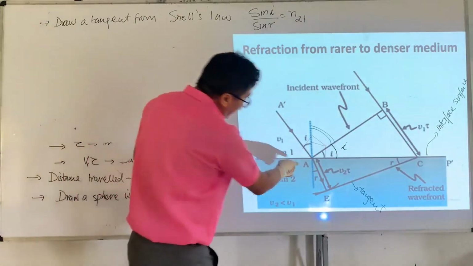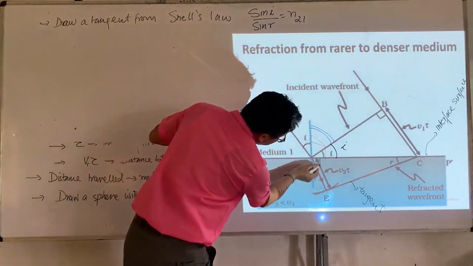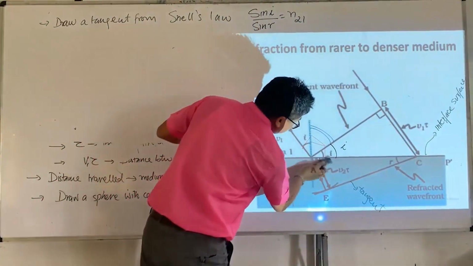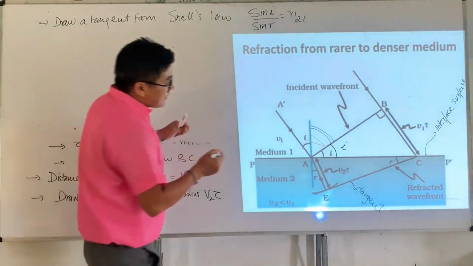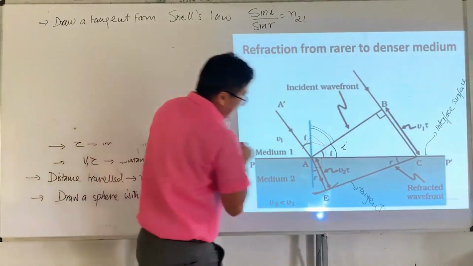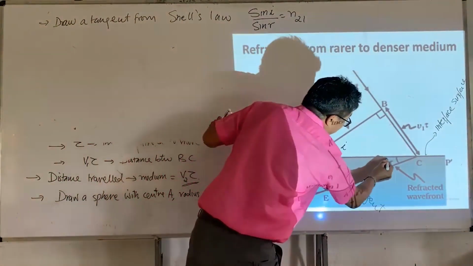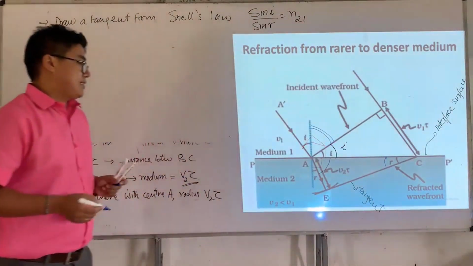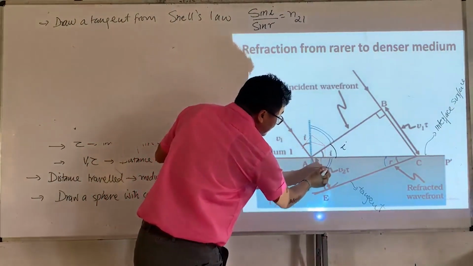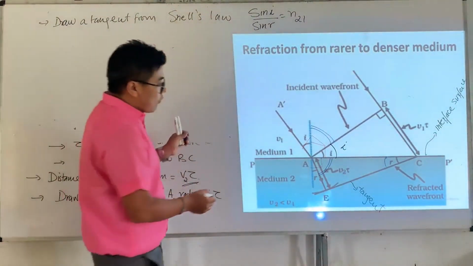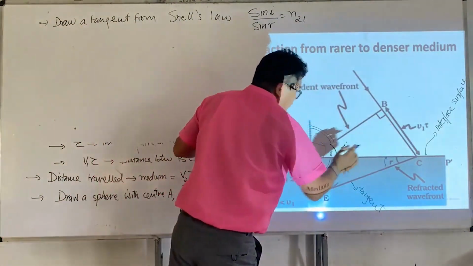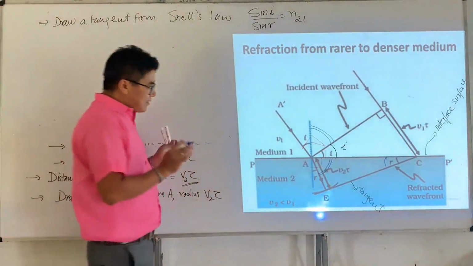Now look at here, again, this is 90 degree, no doubt. This angle plus this angle is 90 degree. So this angle becomes a common angle, therefore this angle must be equal to angle R. Again I am repeating here.